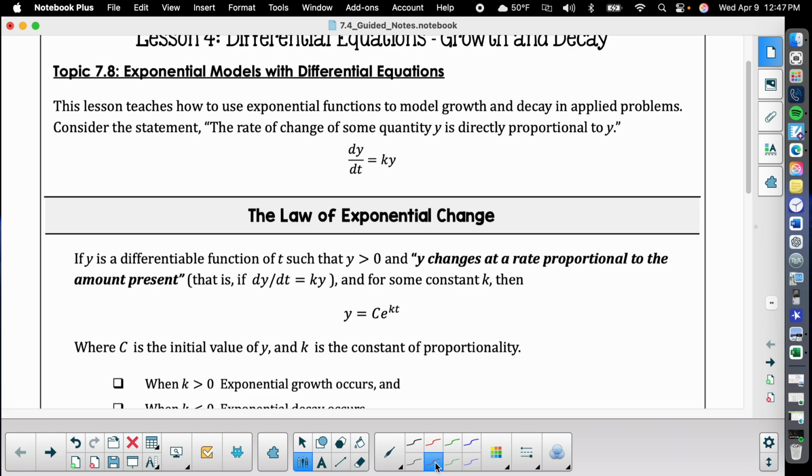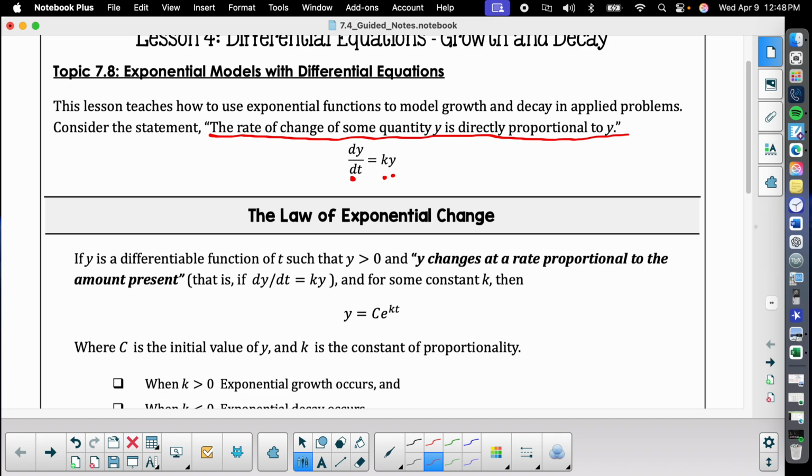So this is how it's phrased here, but on the AP test, they usually will phrase it, the rate of change of y is directly proportional to y. And this is how you write that. So the rate of change of y, directly proportional, is multiplying by itself.